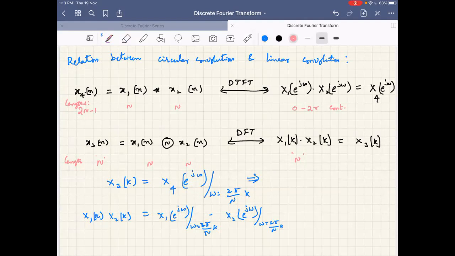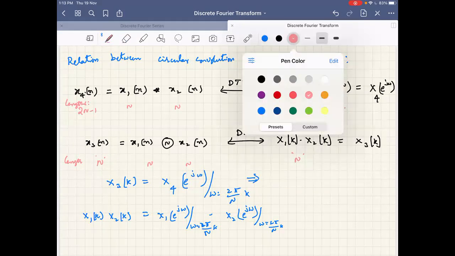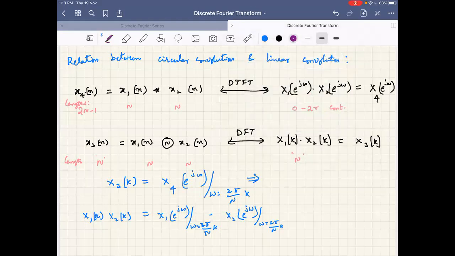So let me write with a little darker and different color. See, you are sampling X4, so what will happen to x3 of n? You are sampling with a period of capital N, so the repetition of x4 of n should happen at a period of capital N, irrespective of the length of x4. This is what happens for getting x3.